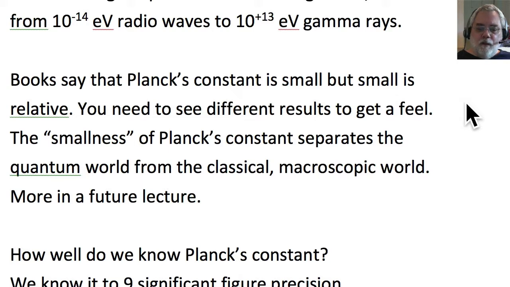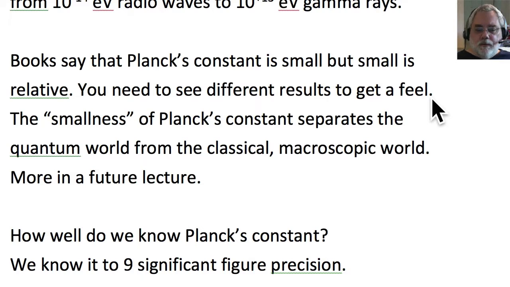How well do we know Planck's constant? I gave you the values, but how accurately are they known? Planck's constant is known to 9 significant figure precision. So pretty darn accurate.